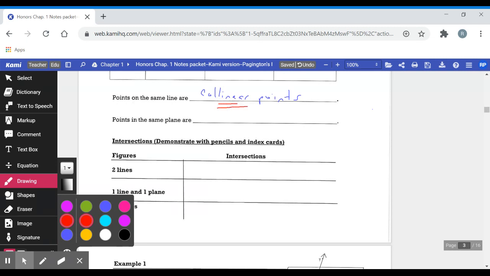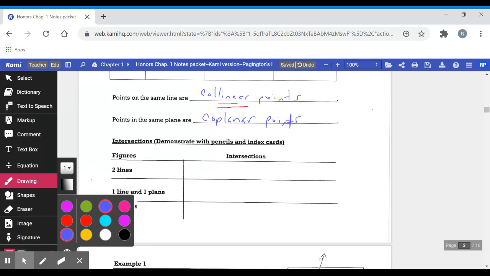So if you forget what that means, you can see that clue in there: those are points that lie on the same line. So think about what points in the same plane would be called. Similar to collinear would be coplanar points. And again, that's probably a word you haven't heard before, but it makes sense based on the name.